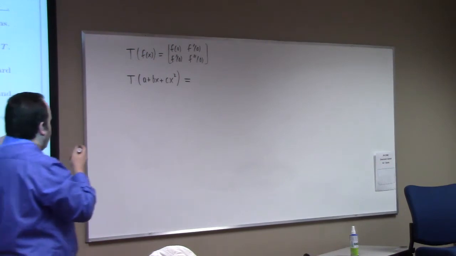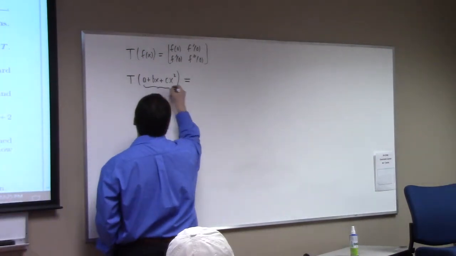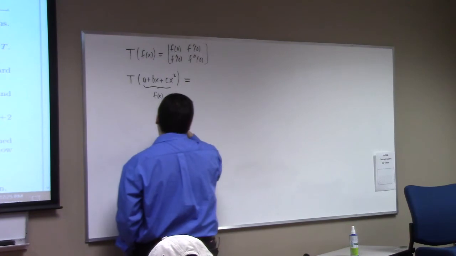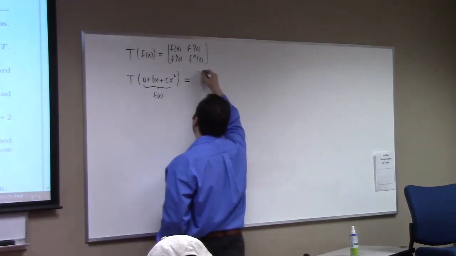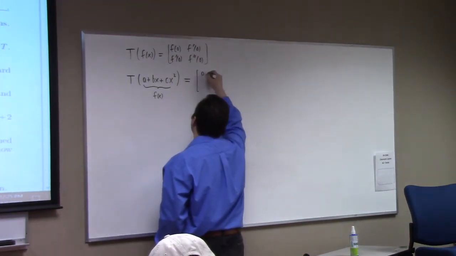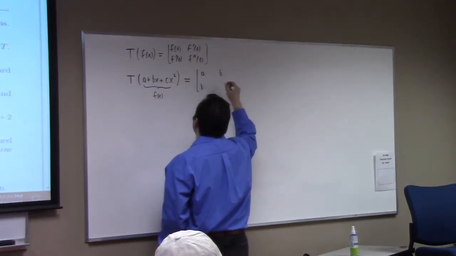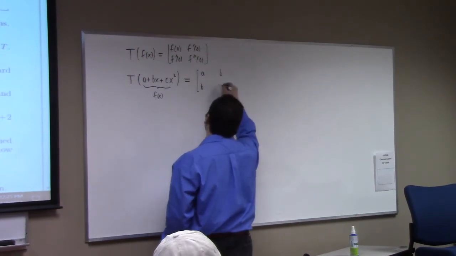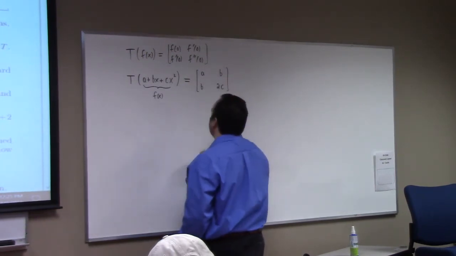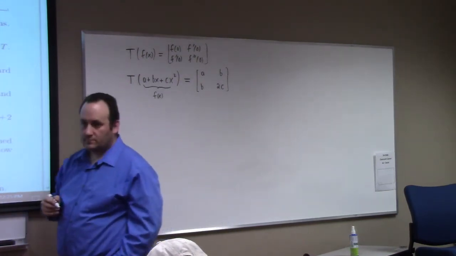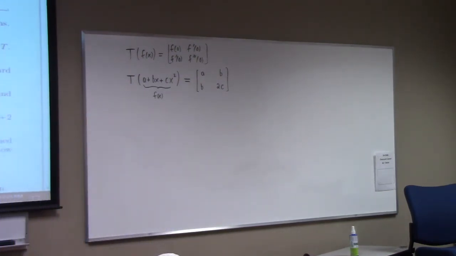If this is my f(x), which is a generic thing in V, a generic thing in the domain, what do we got? We got a, b, b, and not c, but 2c, yeah. Understanding that formula is like the first step, because that formula will tell us how to calculate the kernel, how to calculate the range, and it'll also be instrumental in finding the matrix.